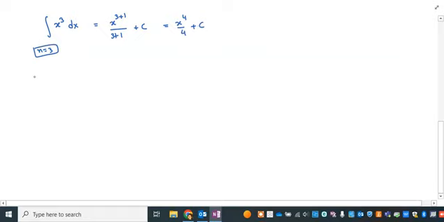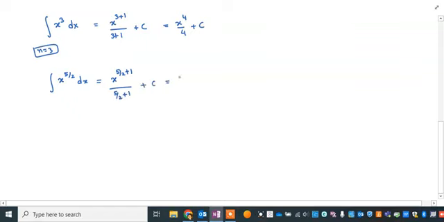This will work even for rational powers of x, like suppose we have x to the power 5 over 2 dx. Still we can use this rule because the only restriction for the value of n is that n should not be minus 1. Okay, so this gives you x to the power 5 over 2 plus 1 over 5 over 2 plus 1, that is 2.5 plus 1, plus c.